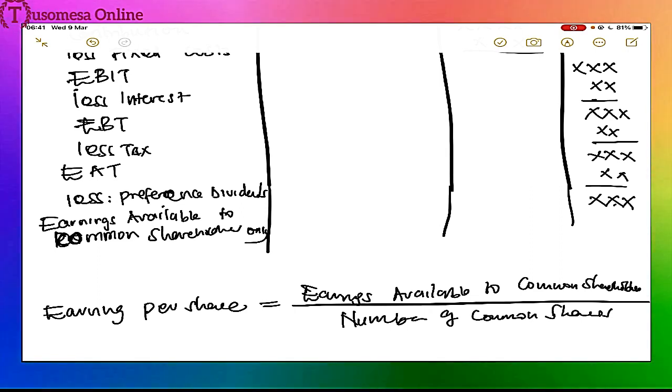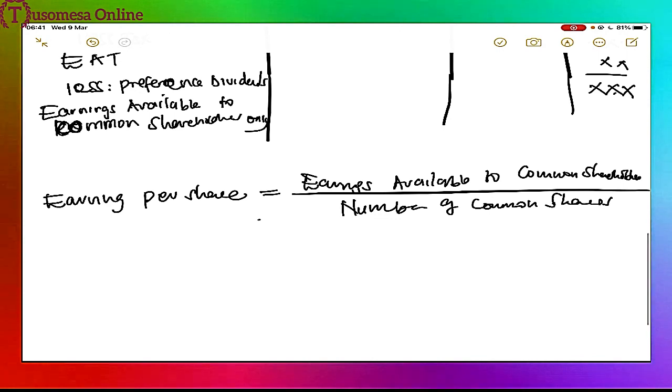And there you'll get your earning per share. So that is how we calculate our earnings per share.